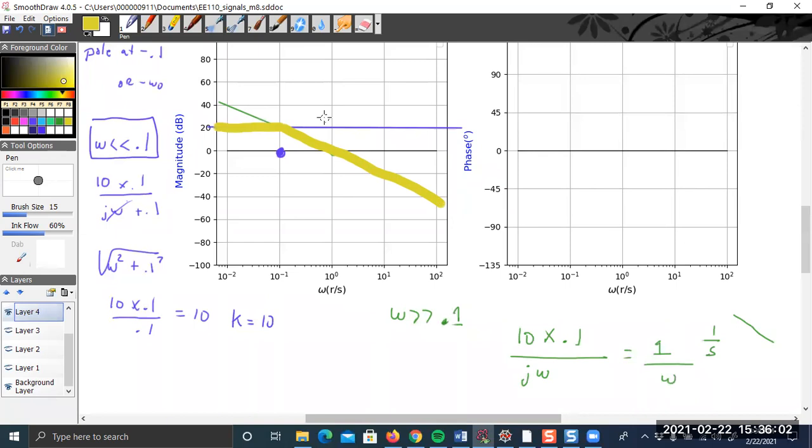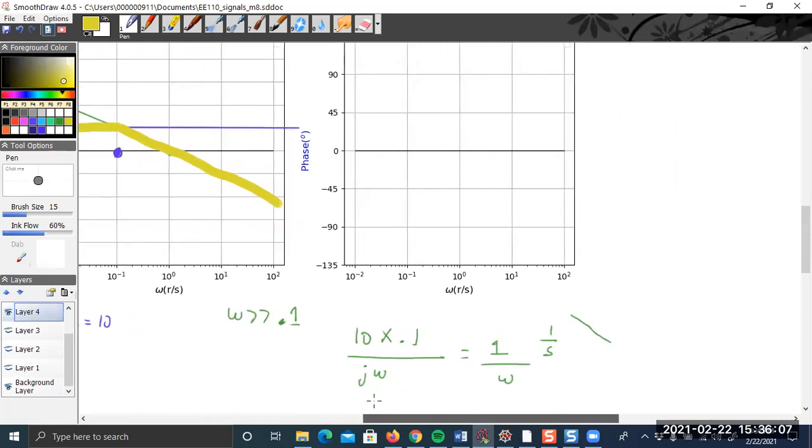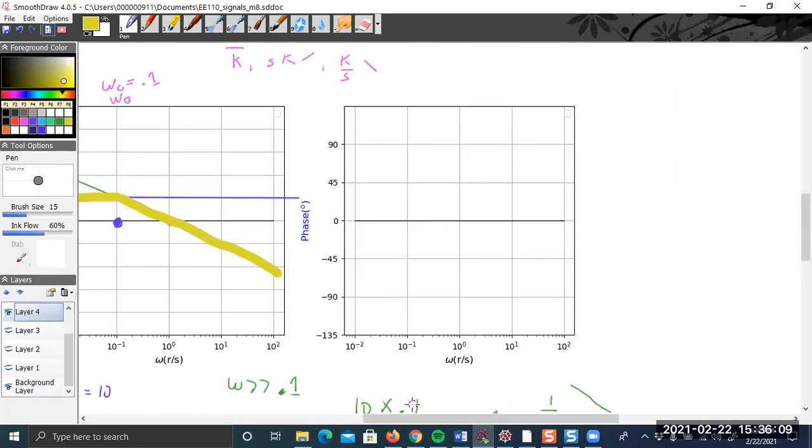Now the phase can be a little trickier. And while there really is a basic shape of horizontal and down, there's really 3 things that you think about.